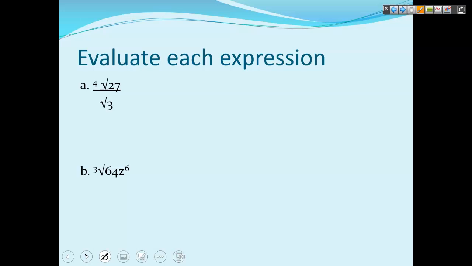Well, rewriting these as rational exponents allows us to create like terms. So this is 27 to the 1/4 over 3 to the 1/2.